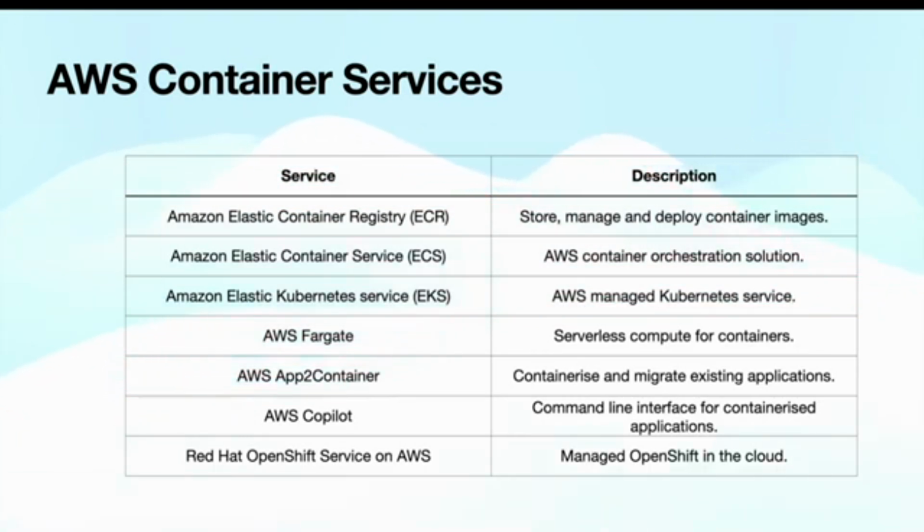And also we have a couple of other services like AWS App2Container and AWS Copilot. Basically those two services are high level abstraction layers for the container services. For example, App2Container is a command line tool for migrating and modernizing Java and .NET web applications into container format.